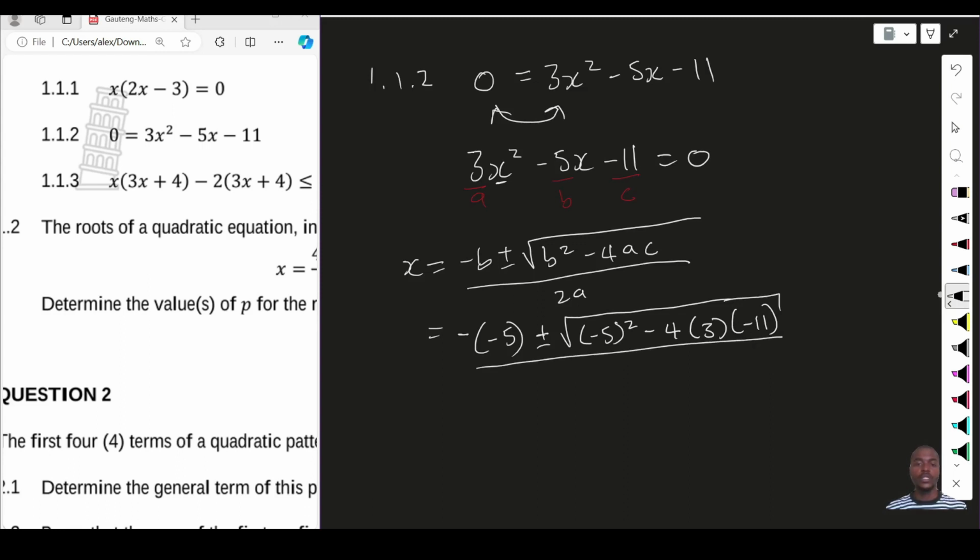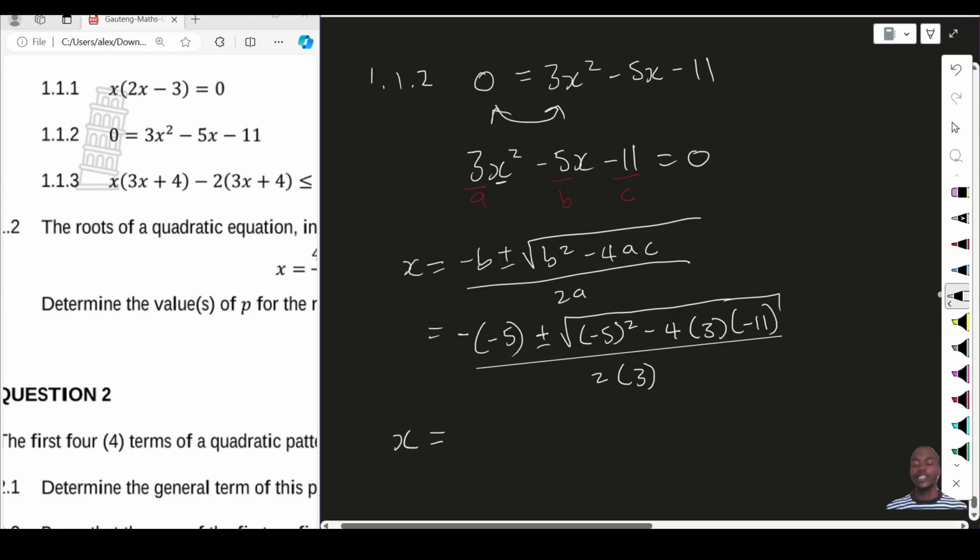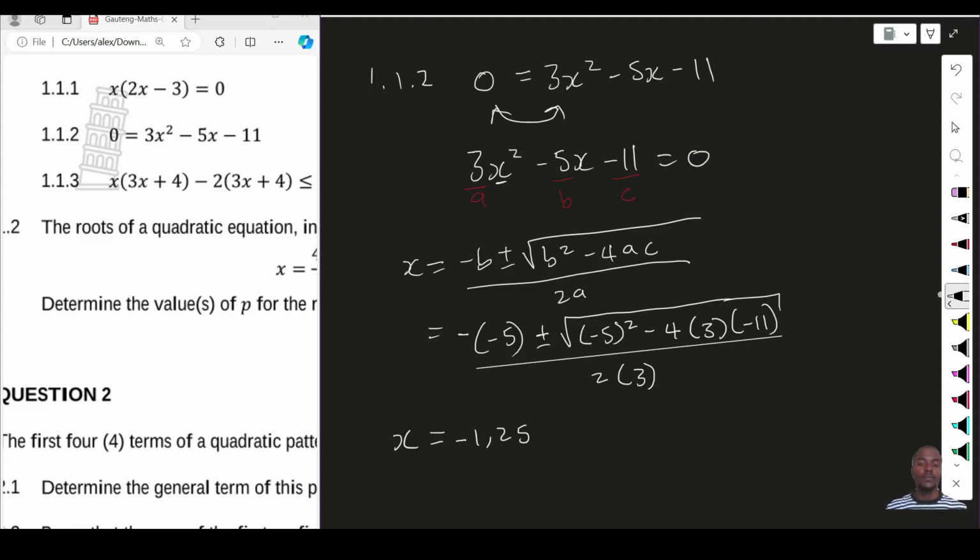Then you do the division sign. So make sure, guys, when you put this in your calculator, you have one division line. You don't separate the minus b from the plus minus square root. Now, it must be one thing. So we're going to divide by 2 times 3. Then our x values that we get, the first one should be minus 1,25, or x should be equal to 2,92. That is our next solution.